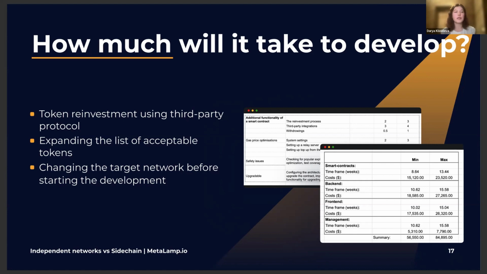Another user story that was important here for future development was the ability to accept any tokens, not just stablecoins. In that case, it would be better to lead the development on either a sidechain or a rollup, into which tokens can be easily transferred from the main network.